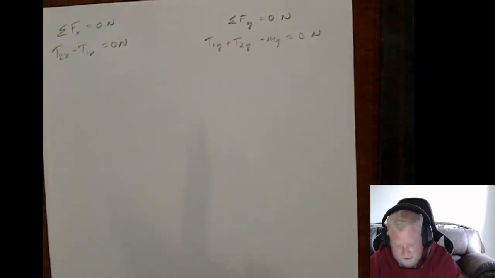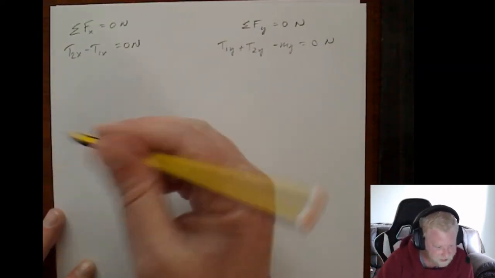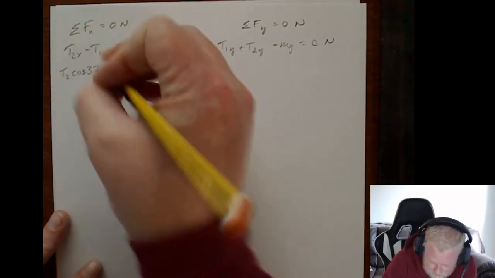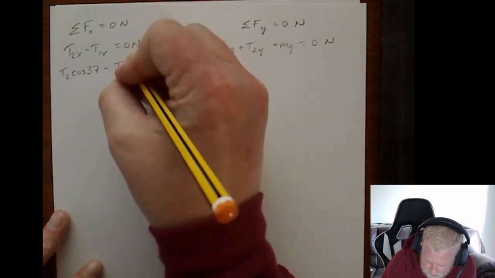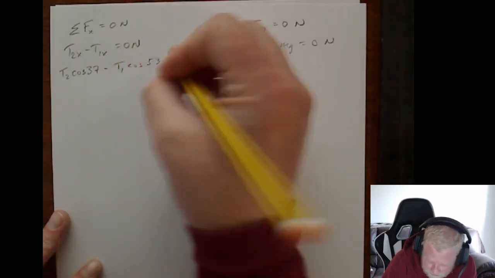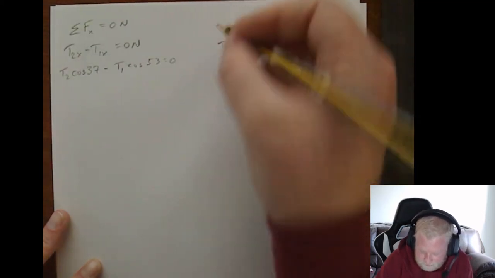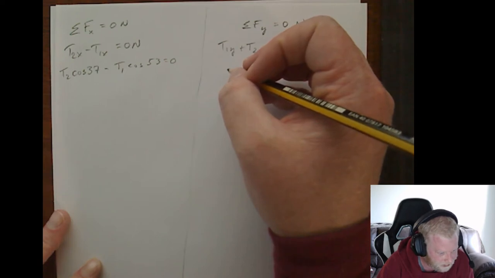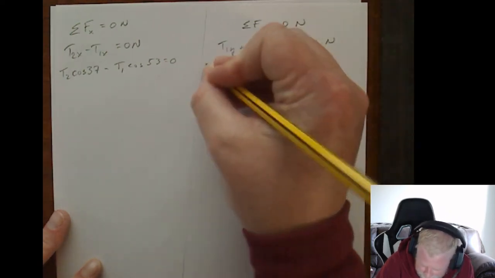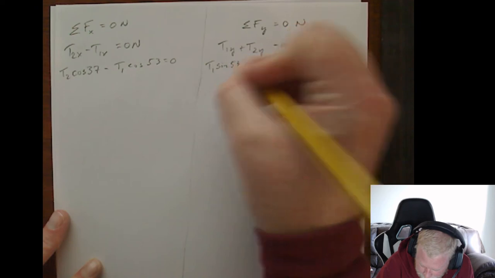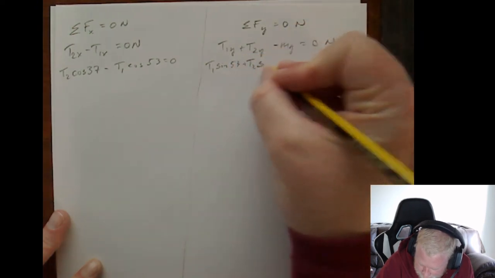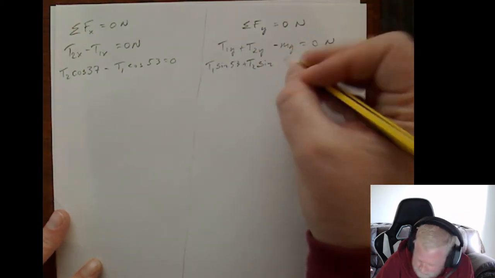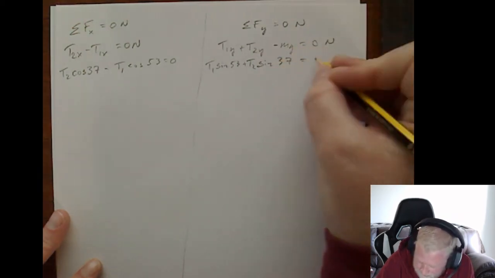So let's go ahead and do that in our Newton's second law statements. So we get T2 cosine of 37 minus T1 cosine 53 is equal to 0. And here we get T1 sine 53 plus T2 sine 37 is equal to mg.